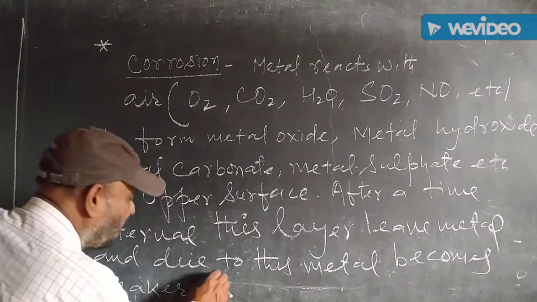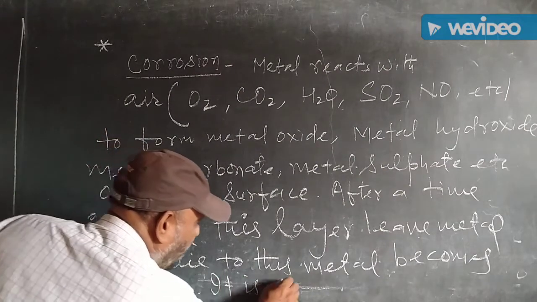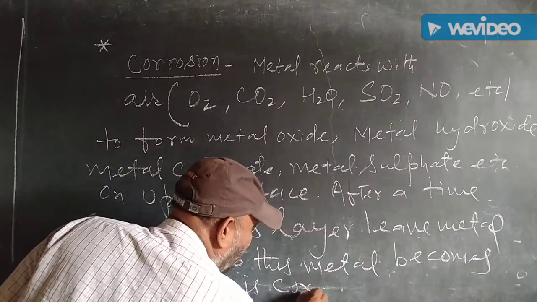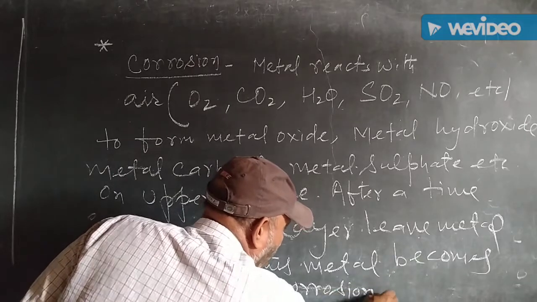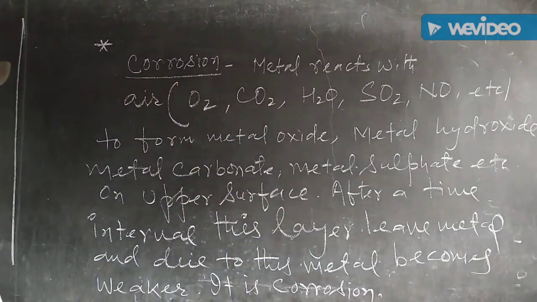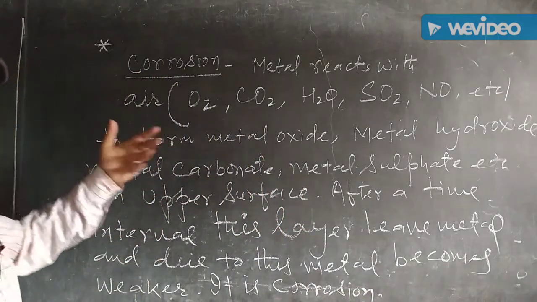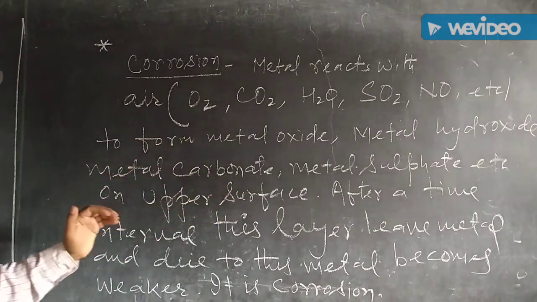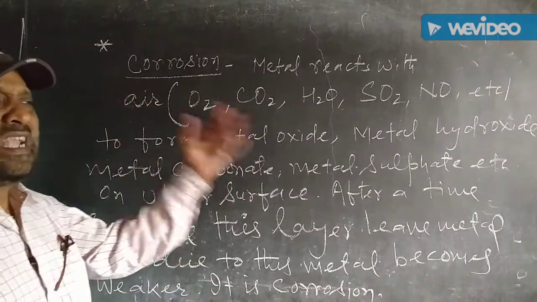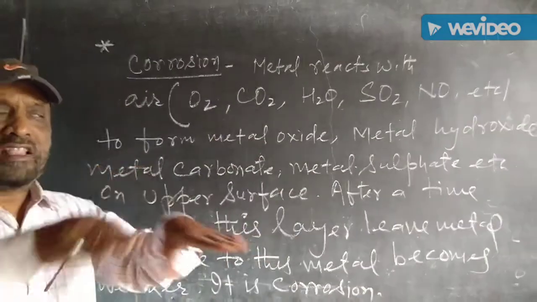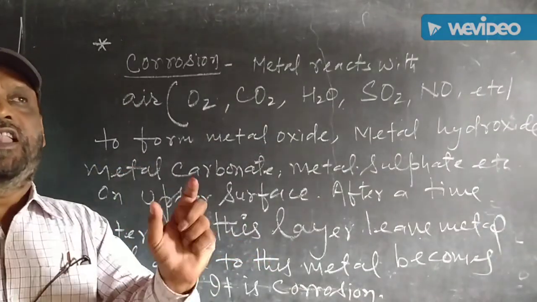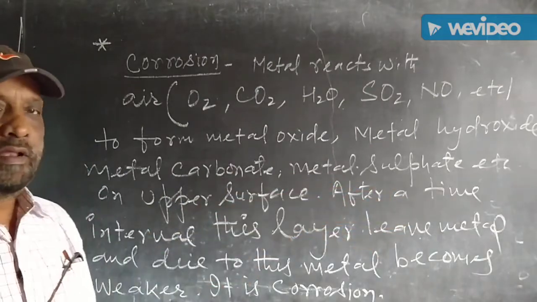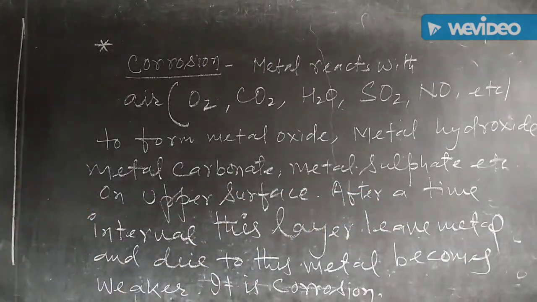It is corrosion. What is corrosion? The formation of metal oxide, metal carbonate, metal sulfate, metal nitrate, etc. on the metal surface, and after a time interval this layer leaves the metal, and this is called corrosion.